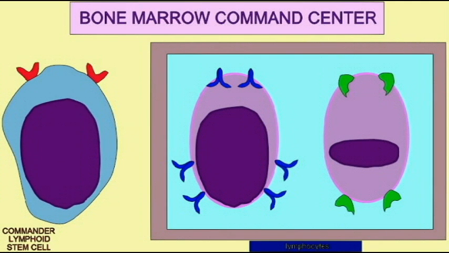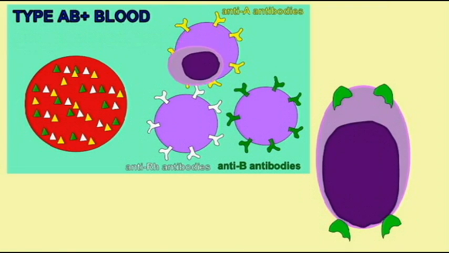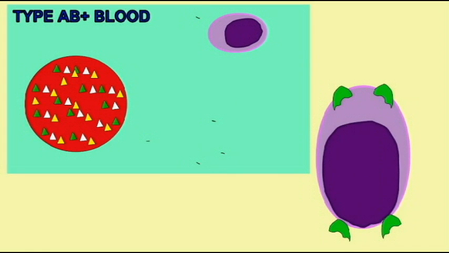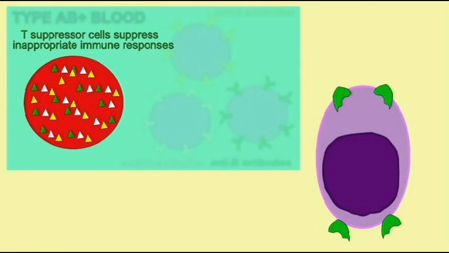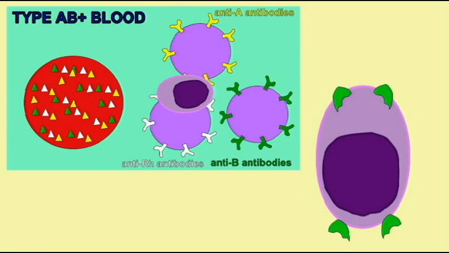I see in that monitor that some of the B cells and T cells are being taken away, sequestered, inactivated, maybe even killed. Why is that? Don't we need all of the troops on the ground that we can possibly get? One of the jobs that certain T cells have, known as T suppressor cells or Treg cells, is to suppress the immune cells which are going to react against self. We don't want to have any autoimmune diseases where the body's own immune defenses are attacking normal body cells.